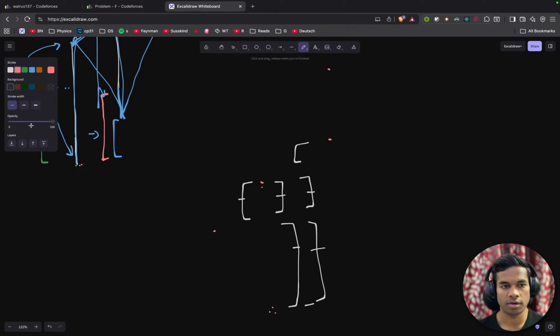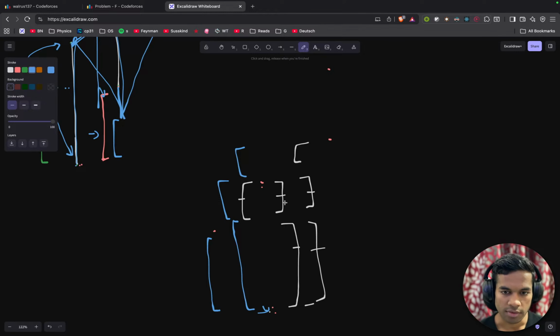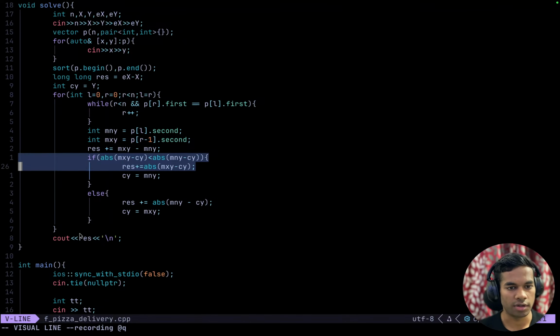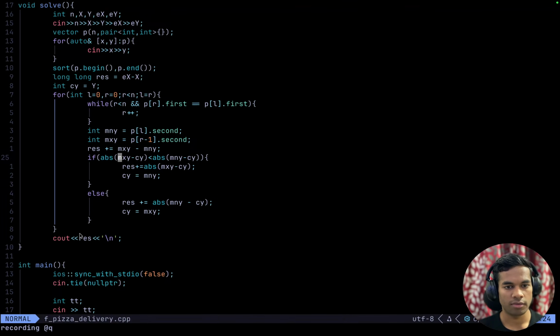Instead, if we were to go to this point first, we will go down, then from here we will go up to this, and then here. And yep, we will be skipping 2 of these. We will be saving 2 of these distances, which would be cool, which we are not saving now. But the problem right now is not that we are giving a higher answer, we are giving smaller answer.